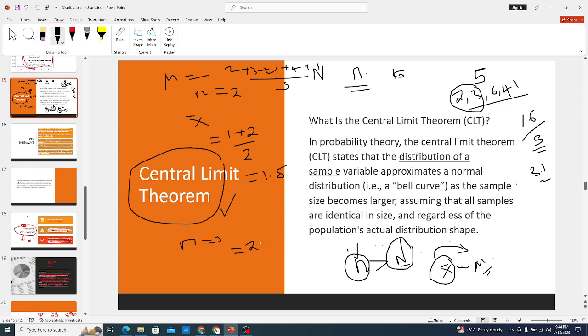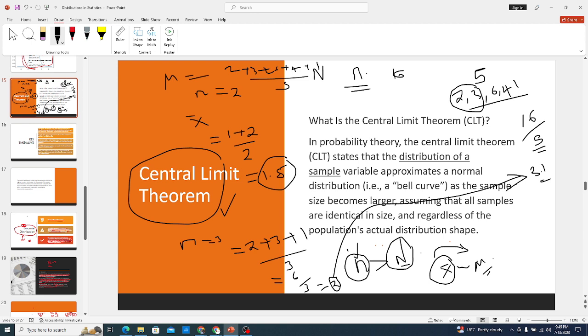It will be 2 plus 3 plus 1, divided by 3. That is 6 divided by 3, which is 2. So you can see we started with 1.5 and are now going to 2, meaning we are approaching this value.